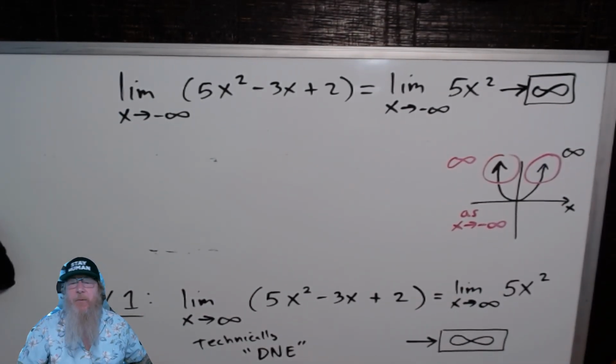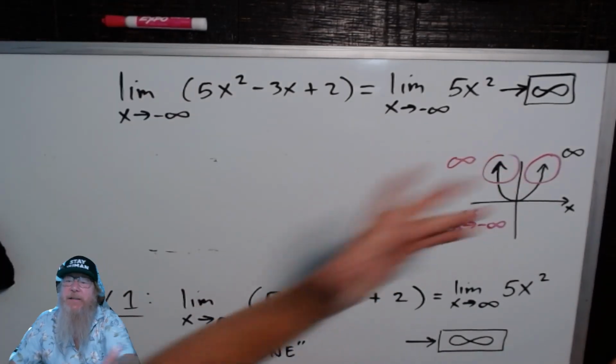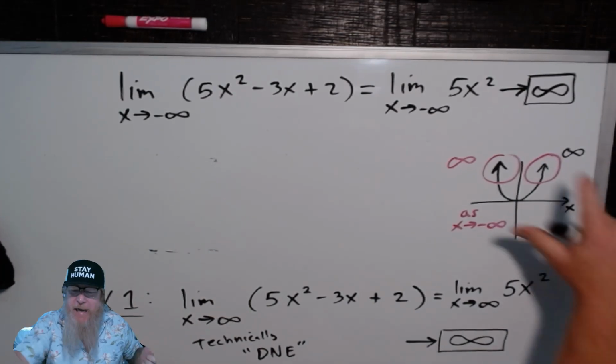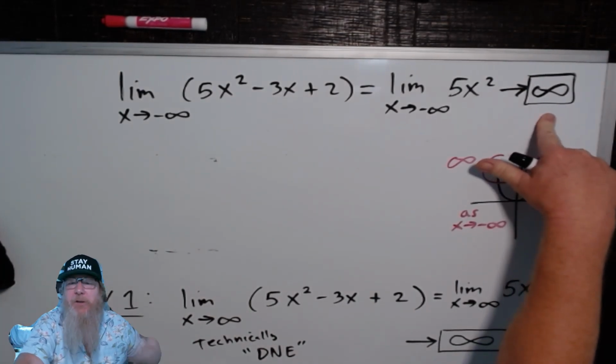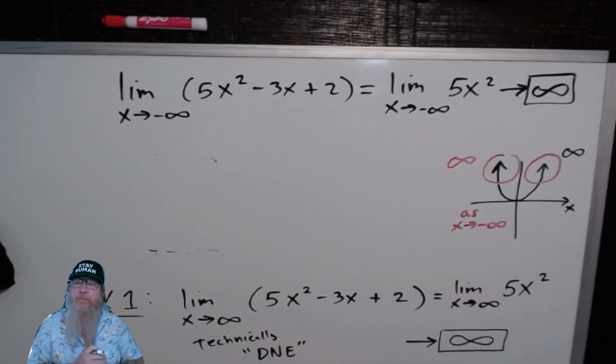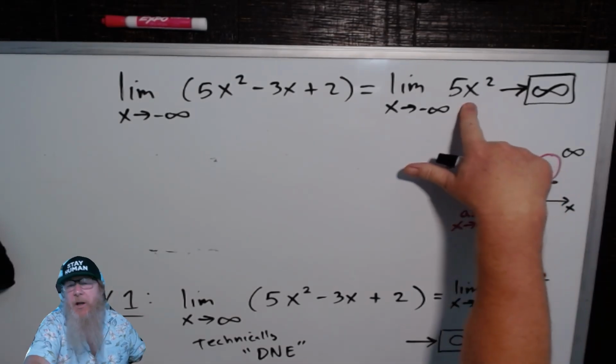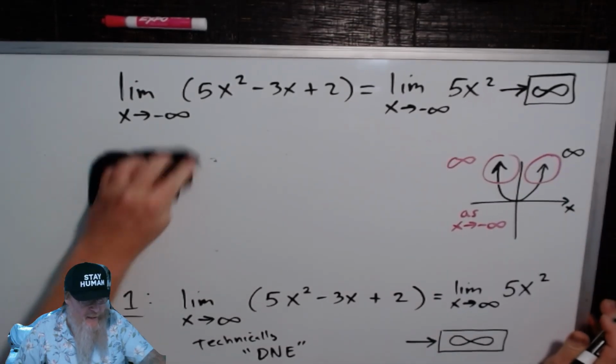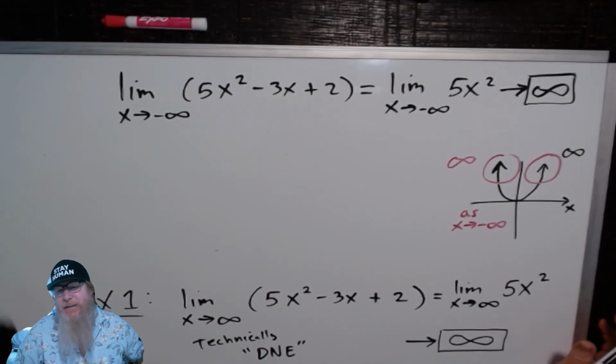And again, if I really wanted to be technical, I would say the limit doesn't exist. It doesn't actually equal a number, but it has a tendency to approach a larger and larger value. Notice what I don't do is I don't just plug in infinity and just say, it's infinity squared or something. Because that doesn't really mean anything.